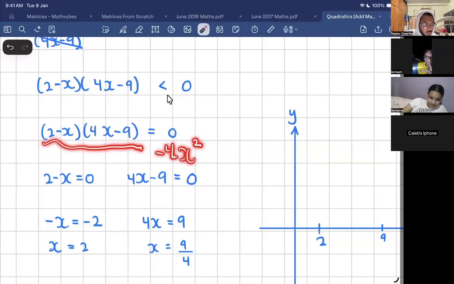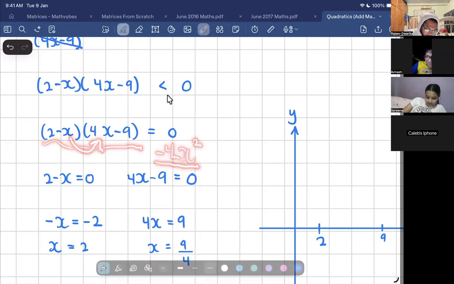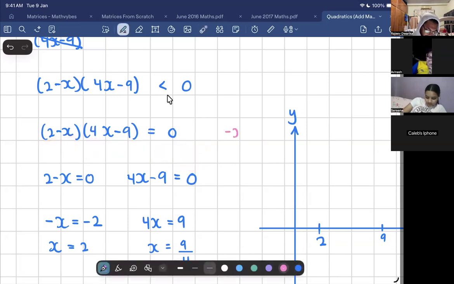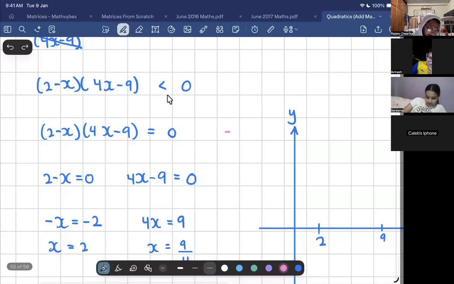See if you can tell me what two things you'll have to multiply to get that. You multiply the negative x by 4x, right.